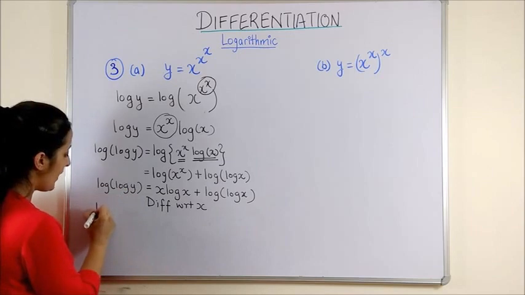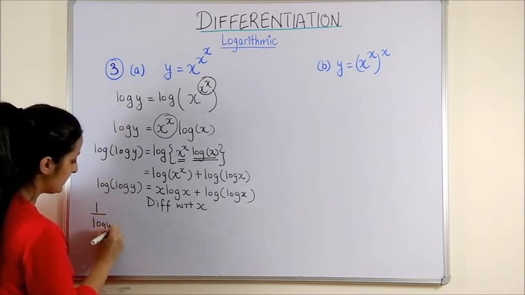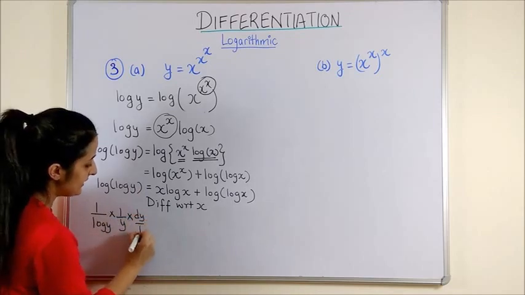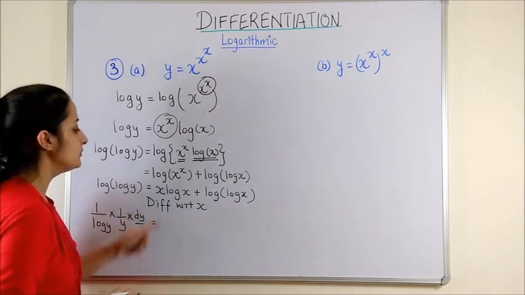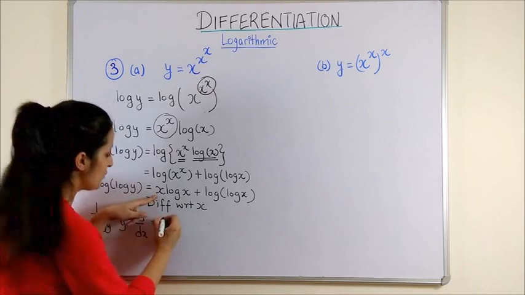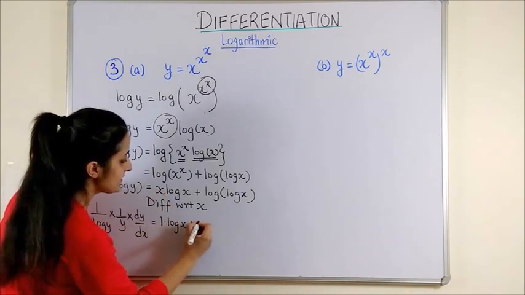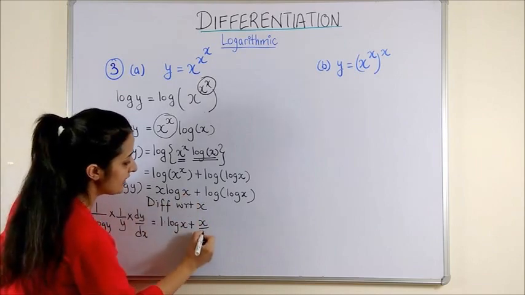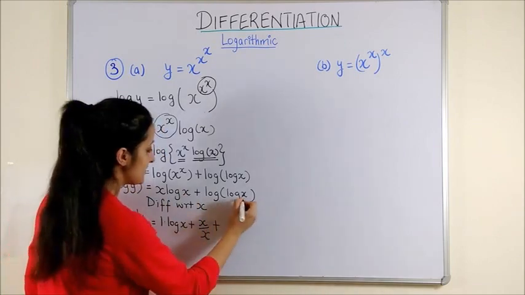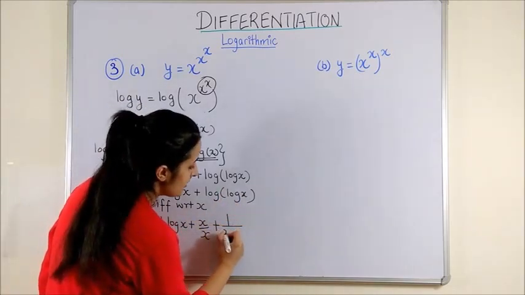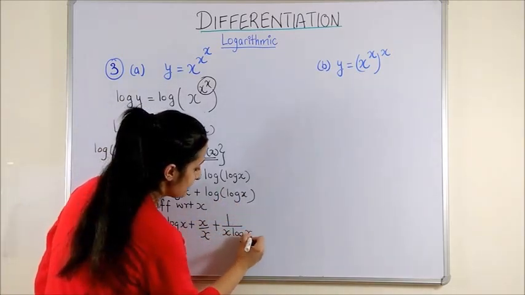So we get 1 upon log y into 1 by y into dy by dx is equal to, derivative of x is 1 into log x plus x as it is into derivative of log x, which is 1 by x, plus you have a similar situation on your right, which gives us 1 upon x log x.